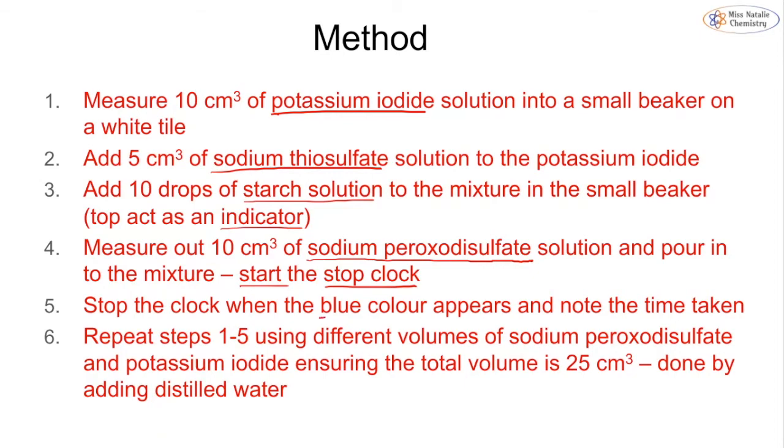As soon as we get that blue colour appearing, we stop the clock and we record the time. We then repeat all of these steps using different volumes of our sodium peroxodisulfate and our potassium iodide. The only thing that we need to make sure is that our total volume is always 25, and we do that just by topping up with distilled water.